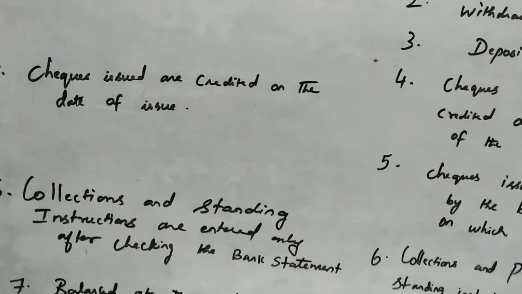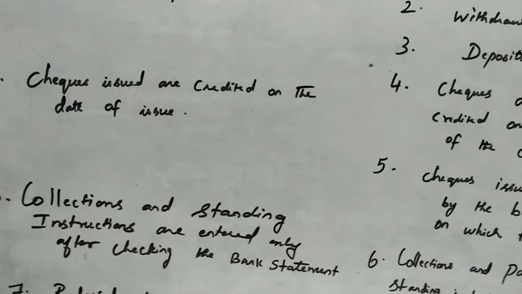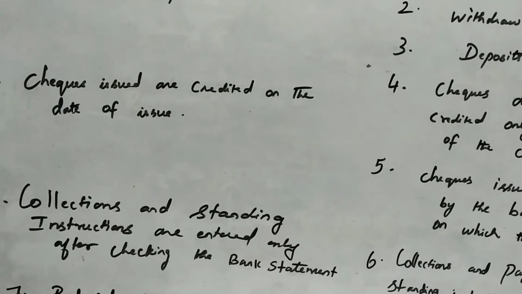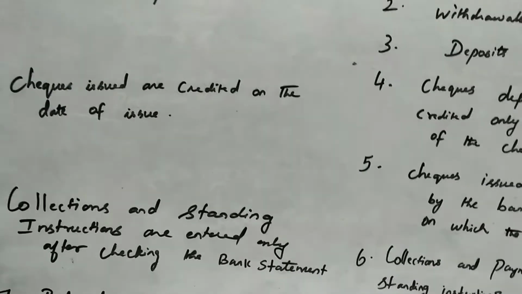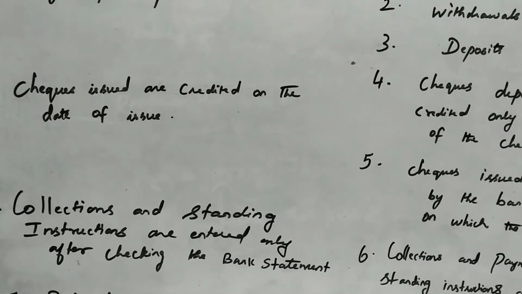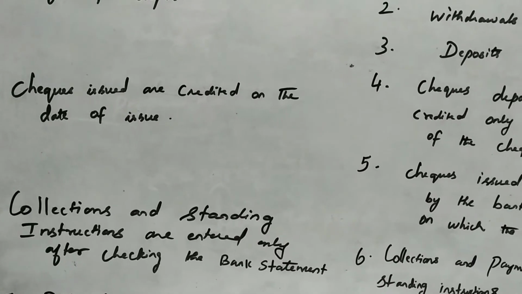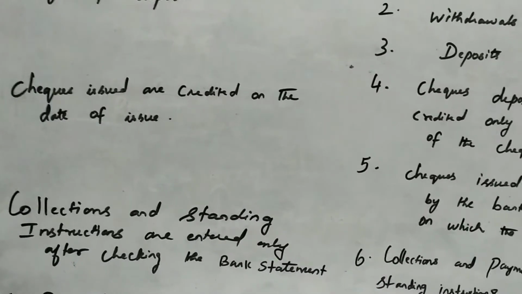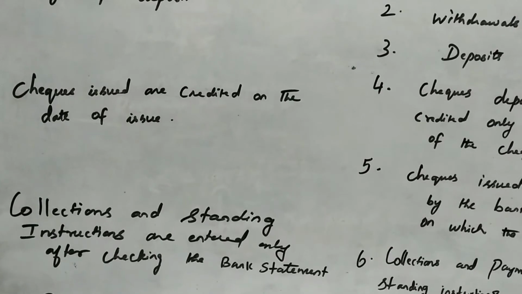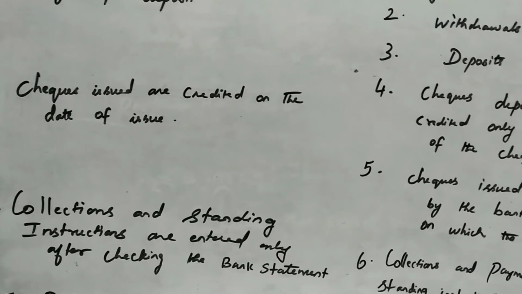This dividend amount is being collected by the banker on your behalf, and it will be credited to your account. As I told you earlier, if you want to make your payment for your telephone and electricity, those things can be done through your bank.